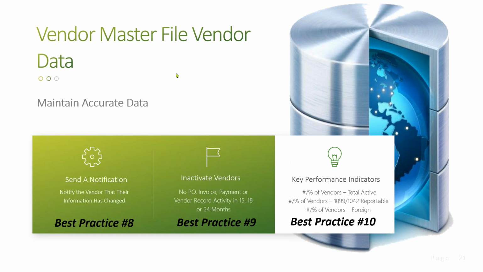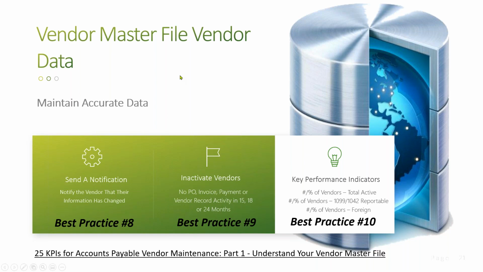And so what I did is I came up with 25 different KPIs for accounts payable vendor maintenance. I wrote a couple of blogs about it. I have a link to the first one, which is Understanding Your Vendor Master File. I've shared 3 of the 9 key performance indicators I included in that blog. The first one is the number or percentage of vendors that are total active.